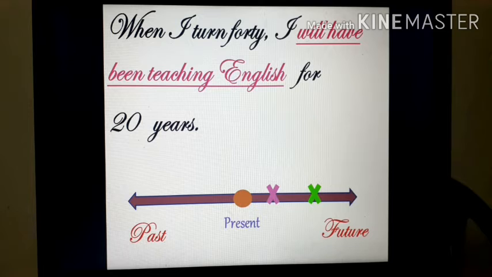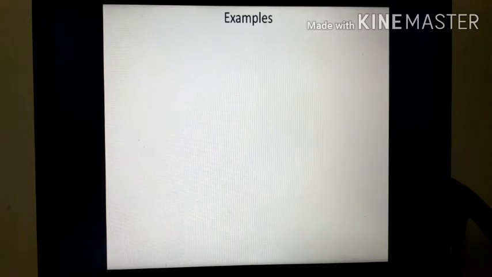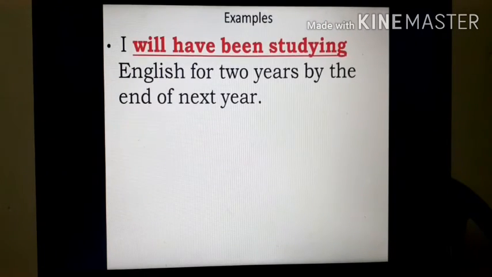In the timeline, it looks like this. As you can see, an event of teaching will continue until another event of my turning to 40 years comes, eventually giving more importance to the duration. Let's see some more examples. I will have been studying English for 2 years by the end of next year.